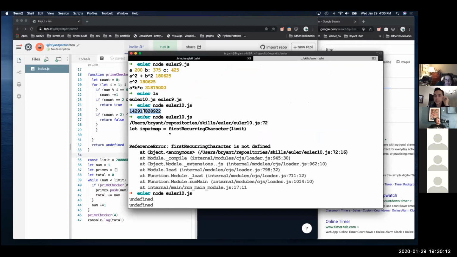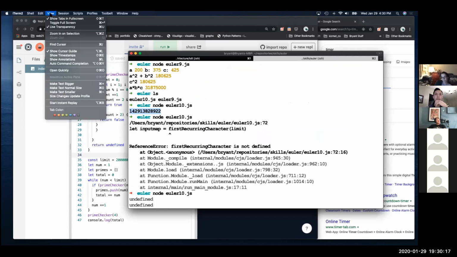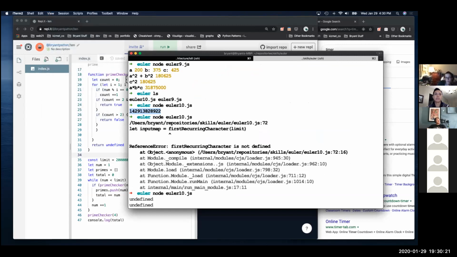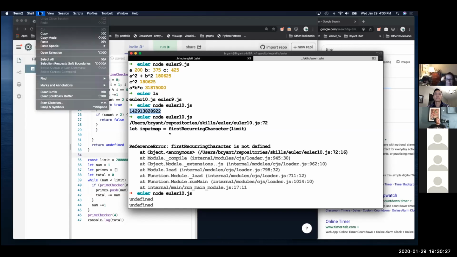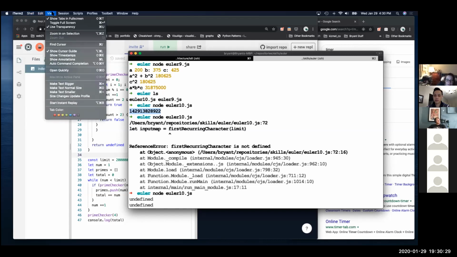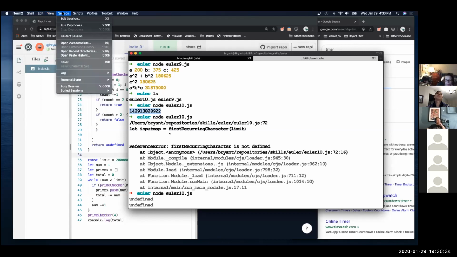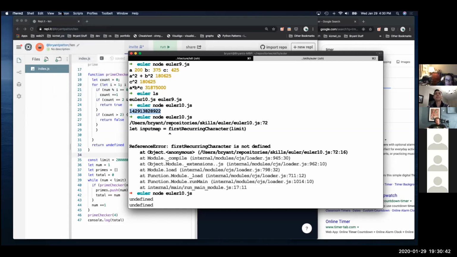Does anybody know how to set a timer function so they can time the runtime of a method or function in JavaScript? I'm pretty sure it's console.time and console.timeEnd, and you pass in a string, and the string has to be the same.